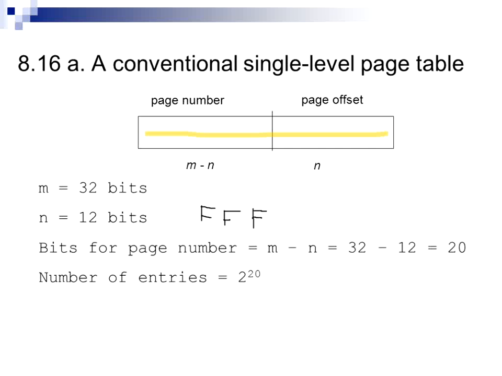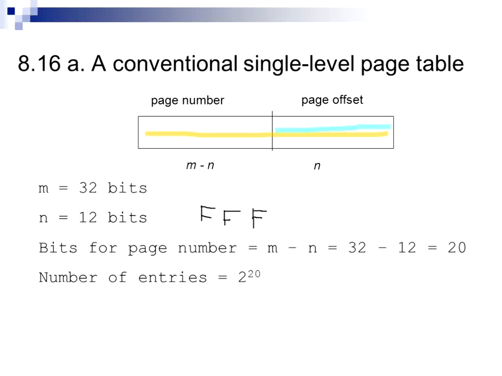So what I have here then is part of my logical address is going to be the offset, okay? And that's 12 bits.